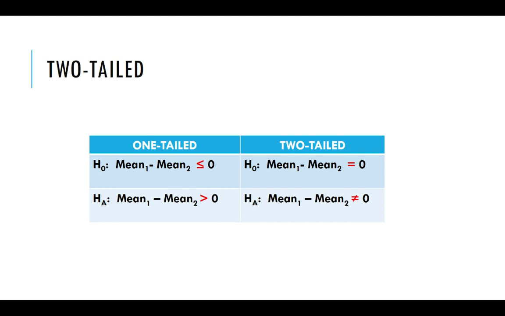Remember, H sub A, my alternate hypothesis, captures the thing that I think is true. So in this case, I'm saying, hey, I think mean 1 is greater than mean 2, and that's why I have the greater than sign. But everything else goes in my null. That's why my null has to be not just less than, but the equal, because I don't think the means are equal either. So that's a really important point, that equal sign has to go somewhere.